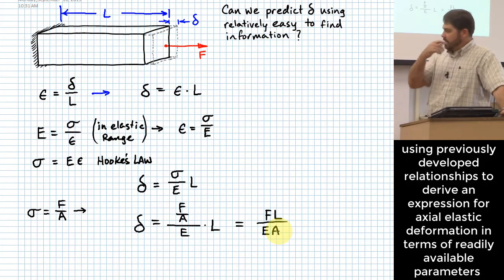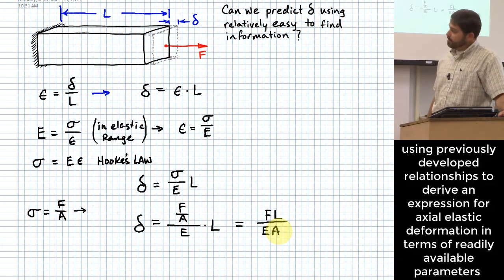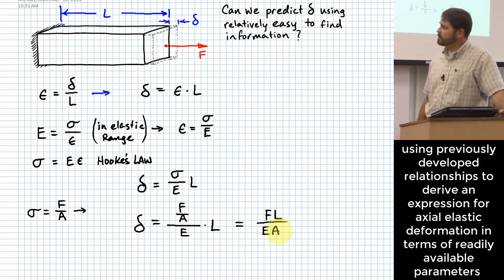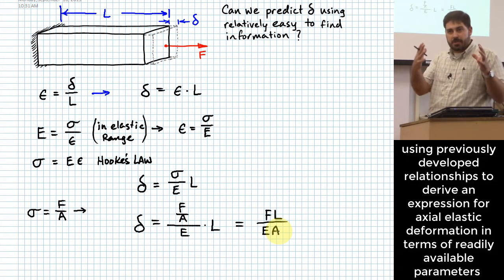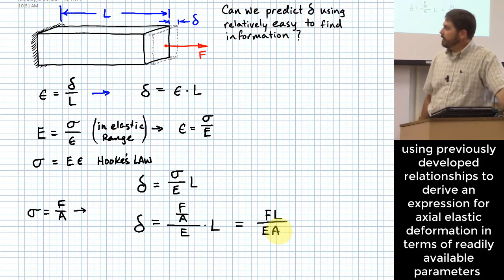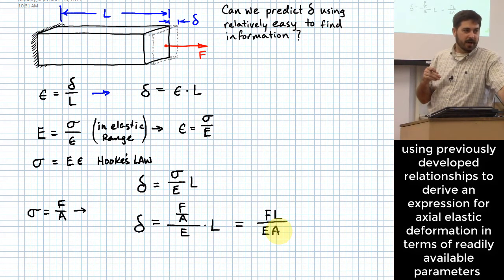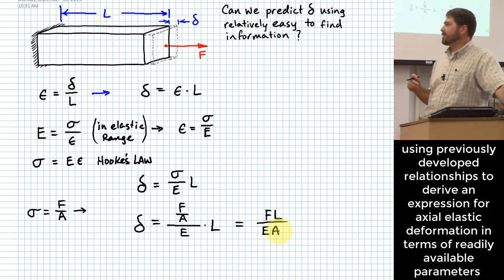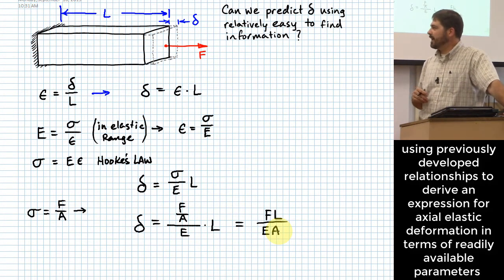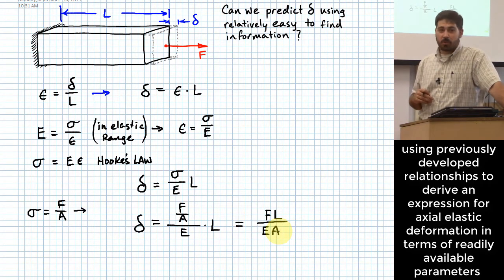You might have been able to predict that from the beginning, because these things don't tend to deform very much under a certain amount of load, and so it doesn't surprise us that it deflects a flea. Should have been able to tell that from the beginning. FL over EA. I know that's corny, but now you won't forget it.